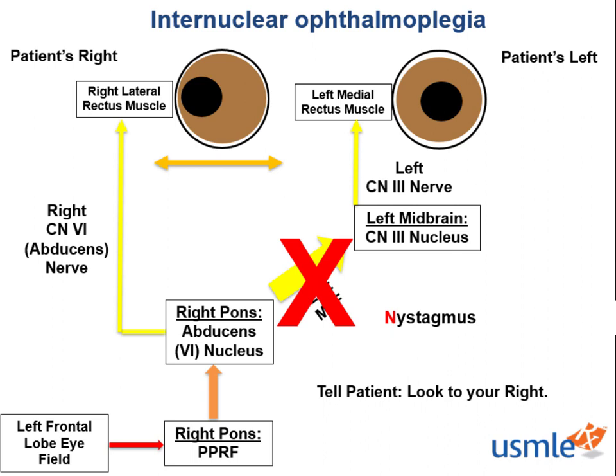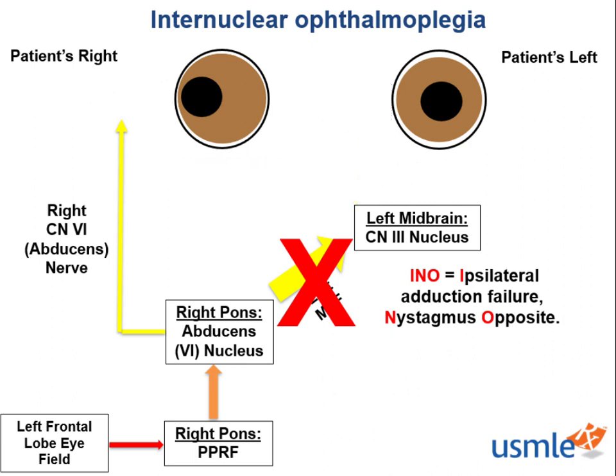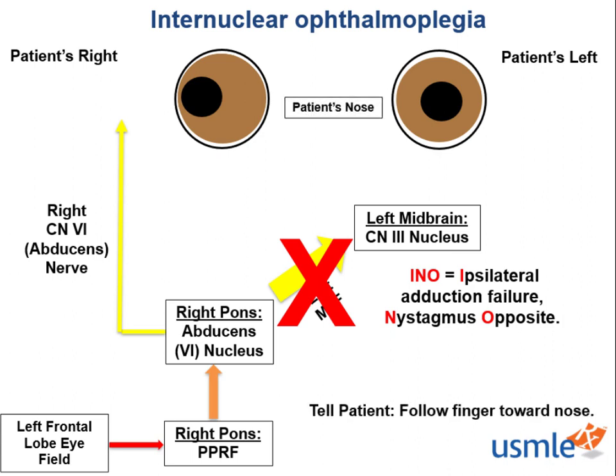To remember the features of an internuclear ophthalmoplegia, use its abbreviation INO to remember ipsilateral adduction failure, nystagmus opposite. Before we leave this slide, I want to make a key point, and that is that convergence is intact in patients with an INO. What is convergence, you ask? Well, you ask the patient to follow your finger towards their nose as shown between the eyes above.